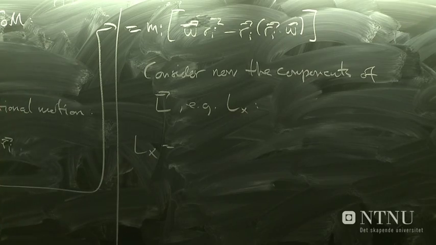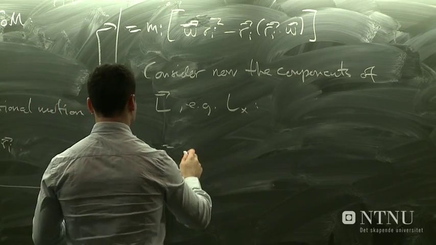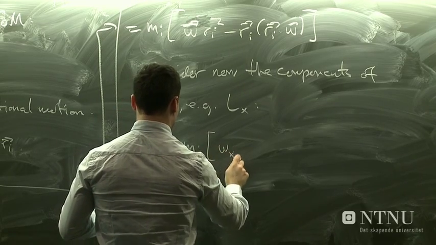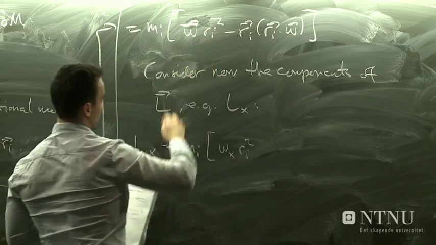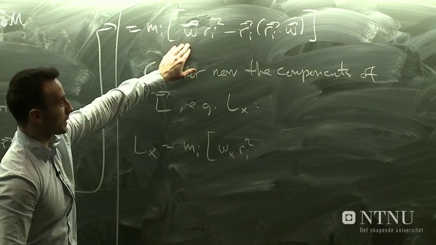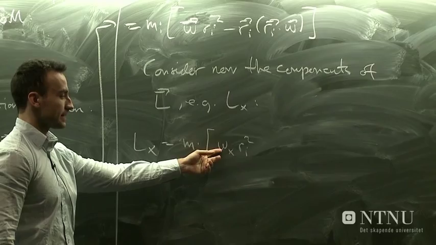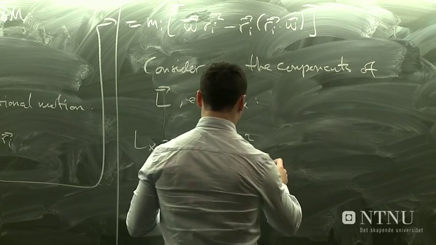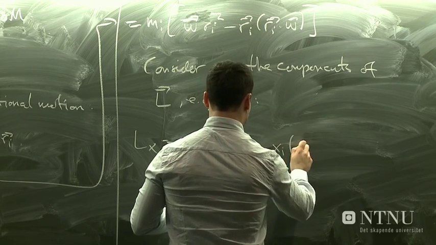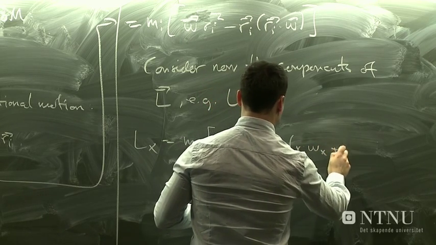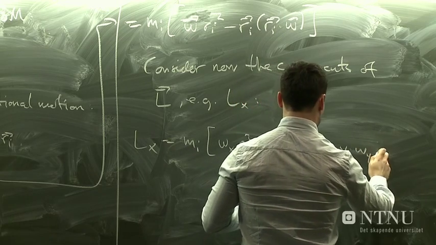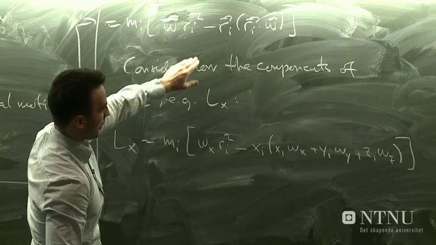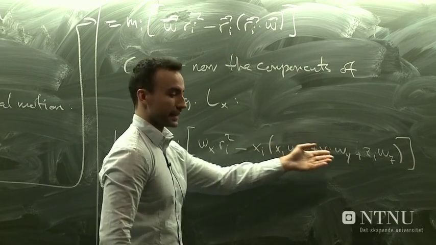So let's consider, for instance, L_x. From the first term here, we just have omega vector multiplied with this, so it becomes omega_x multiplied with r_i squared. And this term translates to this.